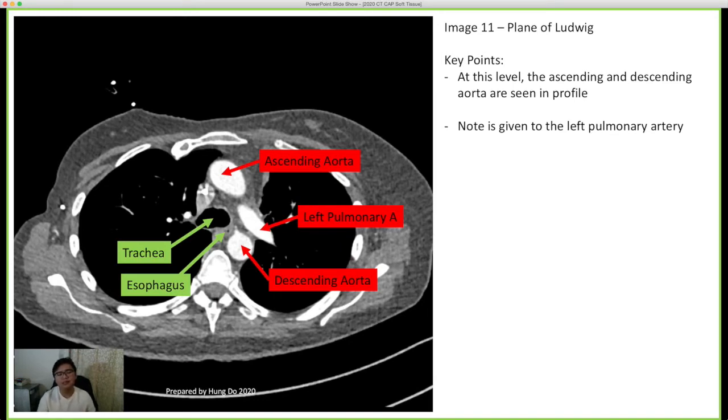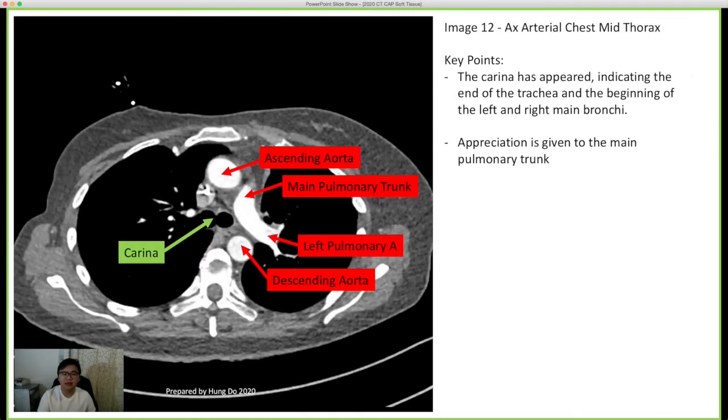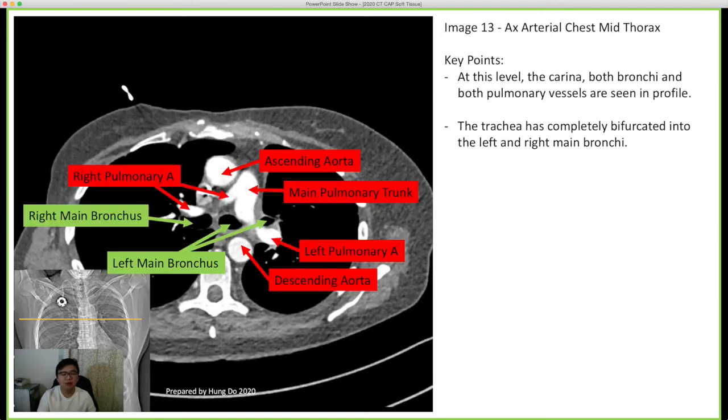So often you see the left side first. You also start seeing the trachea bifurcate into the left and right main bronchus at the level of the carina, and we'll move further down now. You see the pulmonary trunk there. You see the left and right pulmonary arteries coming through there.